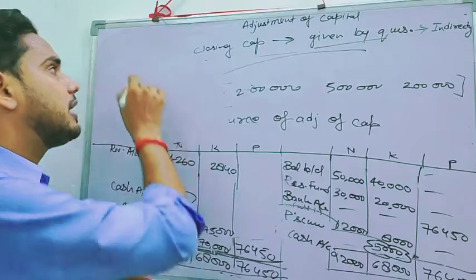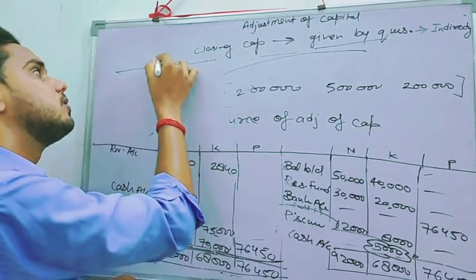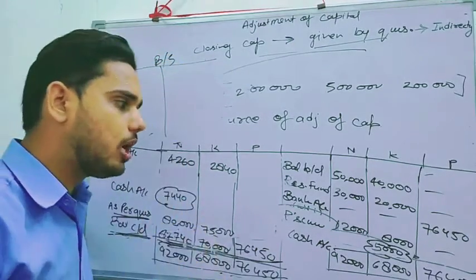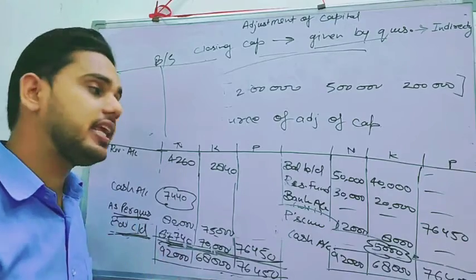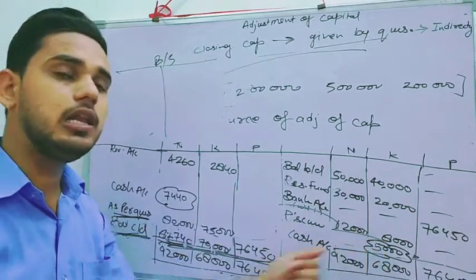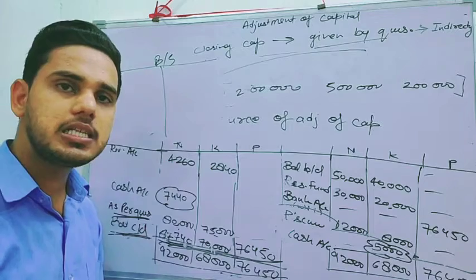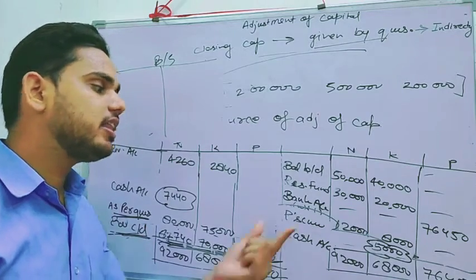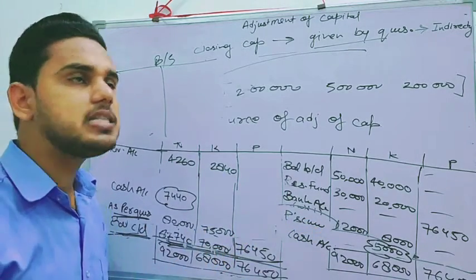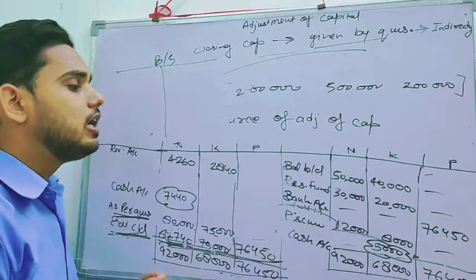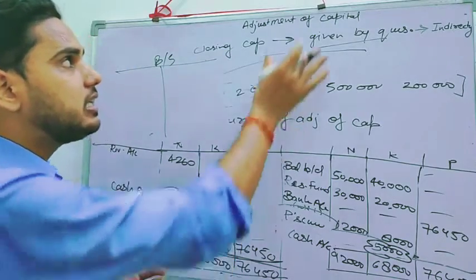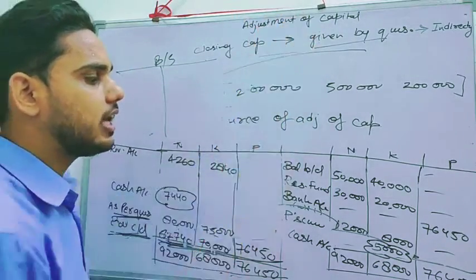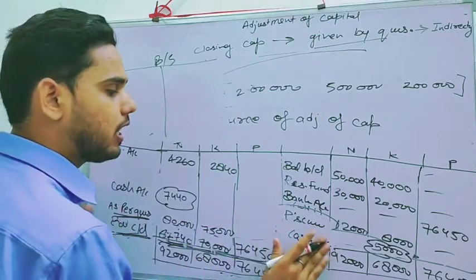Remember, if we were getting the difference and the new partner was not bringing any premium, we were adjusting the goodwill with the help of the new partner's current account, and we were writing that current account on the asset side, right?